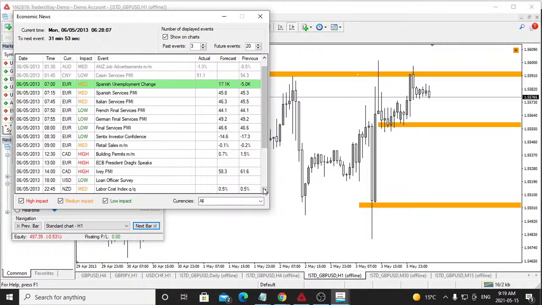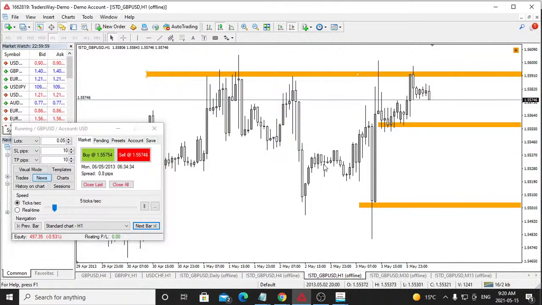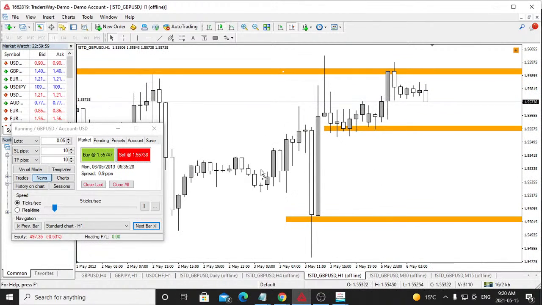We do have May 5th, the US dollar news right here, but it's later in the evening, so it doesn't have any effect on us whatsoever. So, no news day.